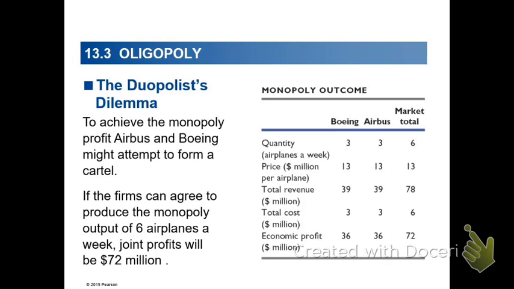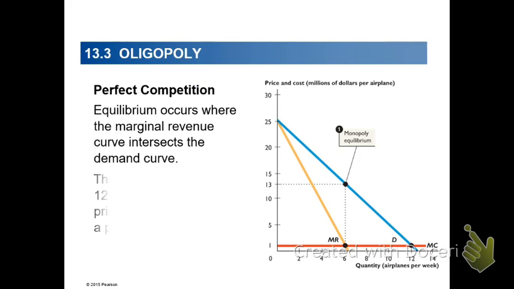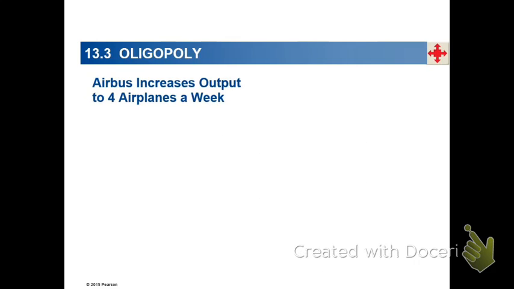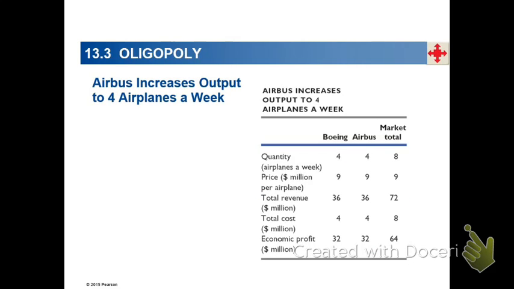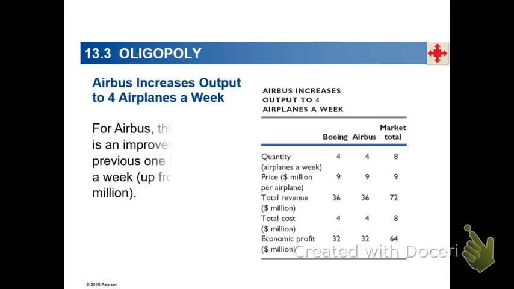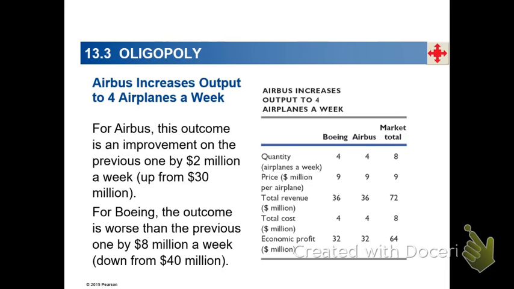When both of them cheat, their profit goes down to 32. So this is a classic example of a situation where it is not worthwhile to cheat. It is better to collude, but firms don't do that. Firms try to cheat and get the maximum out of the market. That is the nature of the problem that we face in oligopoly.